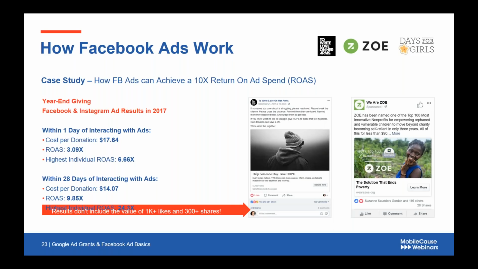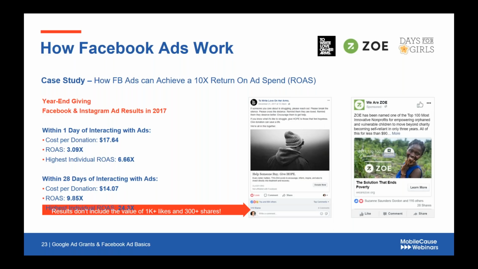And the last thing I just want to highlight that is really exciting is you can see here, I know it might be hard for a lot of you to see, but one of these ads has almost 1,000 likes, was shared over 300 times, which is the engagement, right? Comments build, it's really amazing to me.